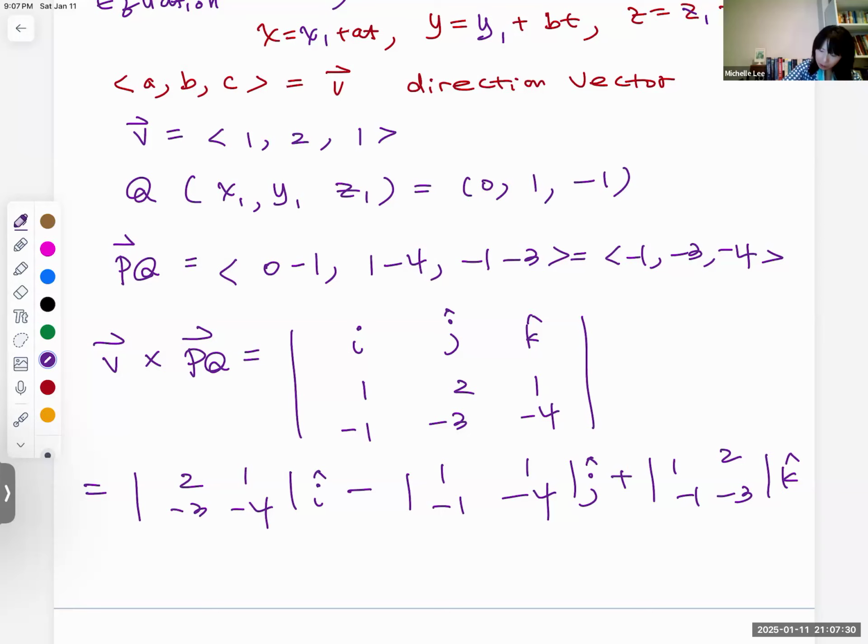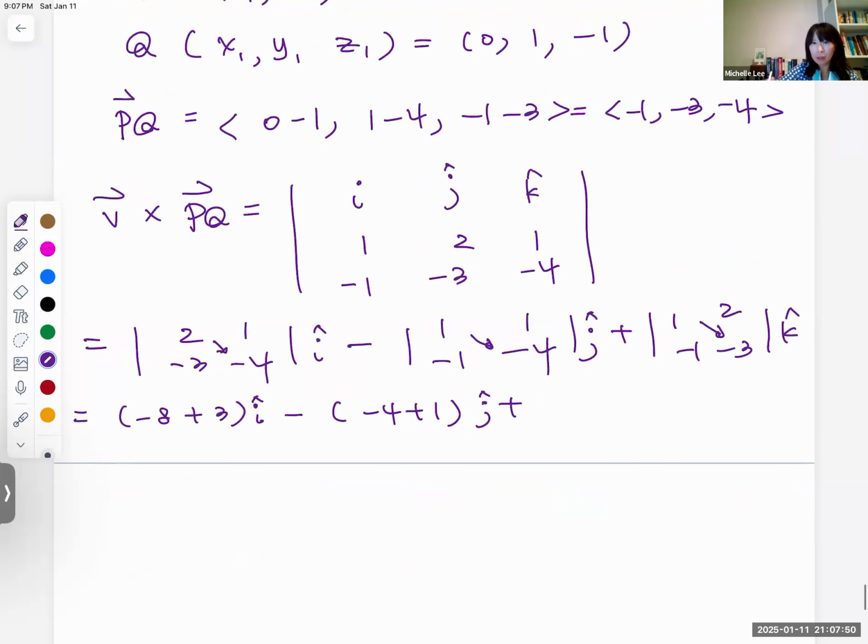Okay, so let's calculate. There will be negative 4 plus 3i minus negative 4 plus 1j plus, sorry, this is slow, right? And negative 3 plus 2k.